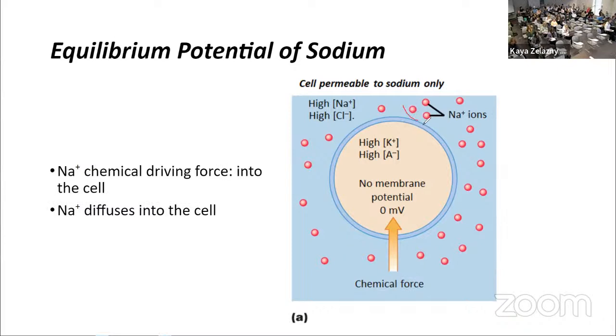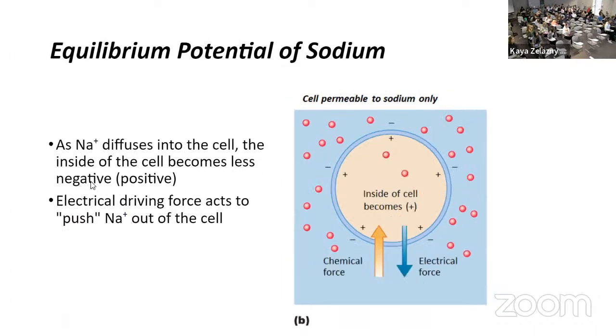We have our sodium ions outside, and a chemical force moving in. If we have no charge inside that cell, we have 0 millivolts, there's nothing opposing it yet. Just like in our potassium, if there's no charge inside the cell, we don't have to think about the electrical part.